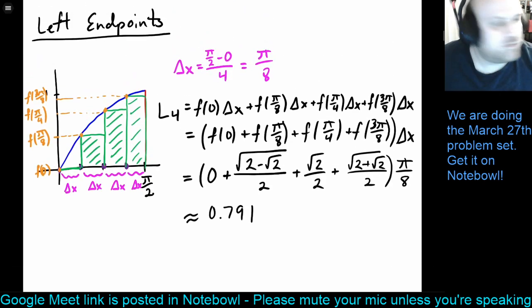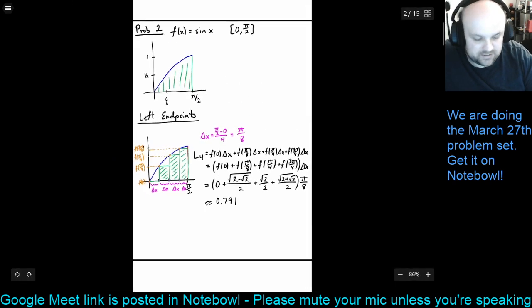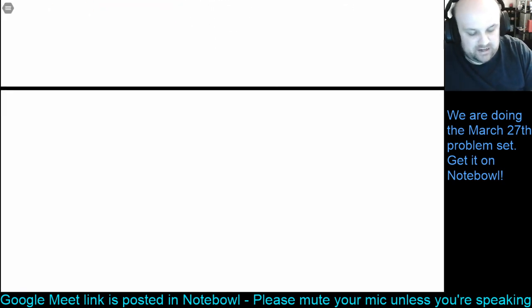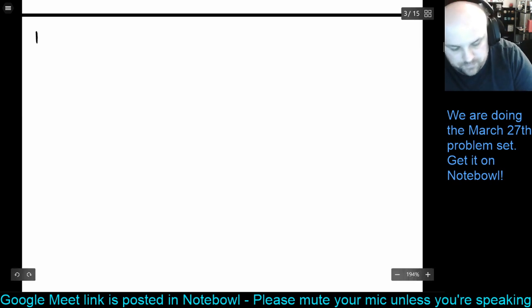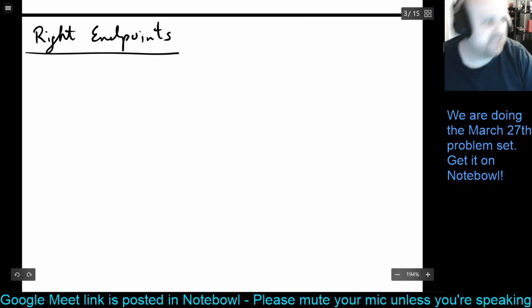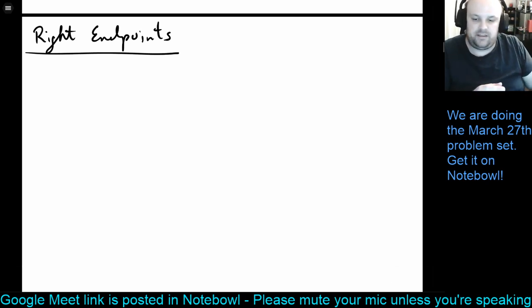All right. Cool. So let's do this again, but with right endpoints. Again, just so we can sort of see the difference in all of these. So with right endpoints, we're going to do basically the exact same procedure, but instead of using the left edge of the intervals, we're going to use the right edge.